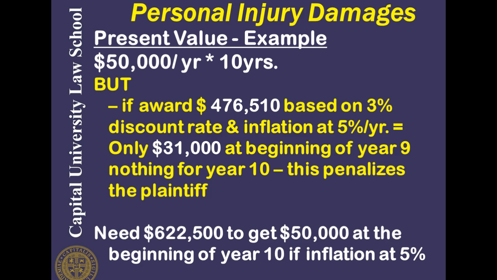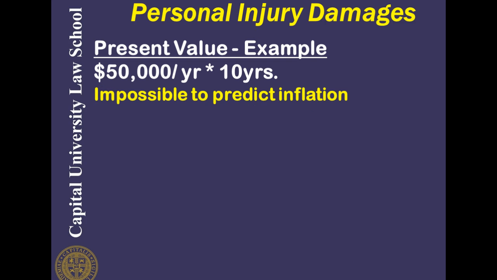So you can see how this can be rather tricky to figure out where to discount or where to reduce the money to present value, because we are trying to make several predictions. We're trying to predict interest rates, and more importantly, we're trying to predict inflation, which is extremely unpredictable. As I've said, almost impossible to predict inflation.